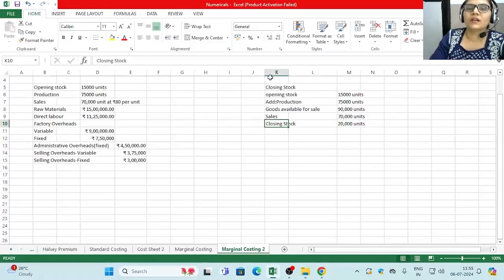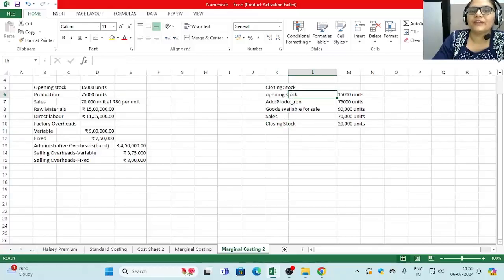So, to opening stock we added production, we got goods available for sale, and after deducting 70,000 from 90,000, we got the closing stock, that is 20,000 units.